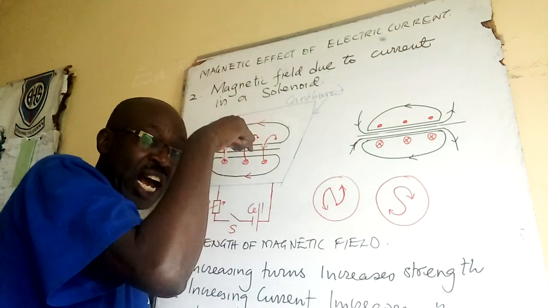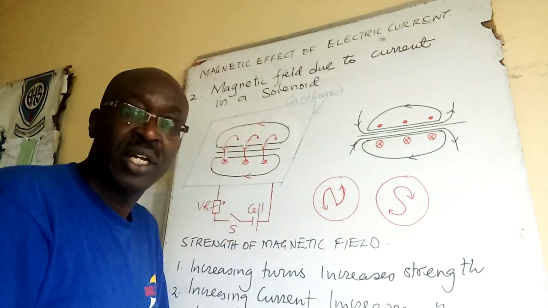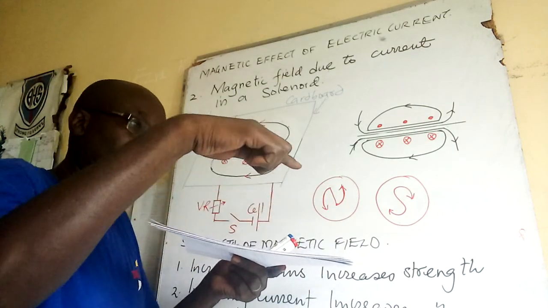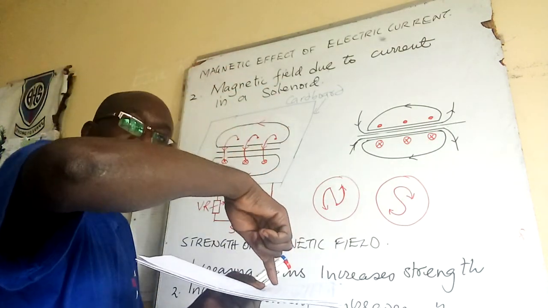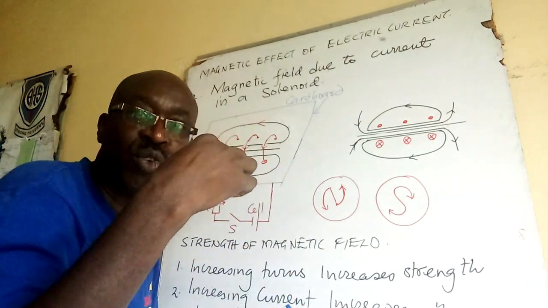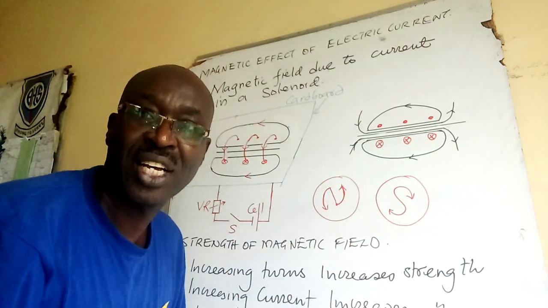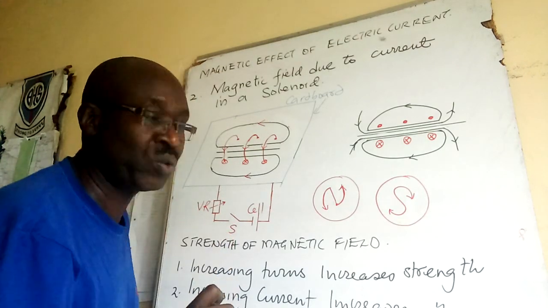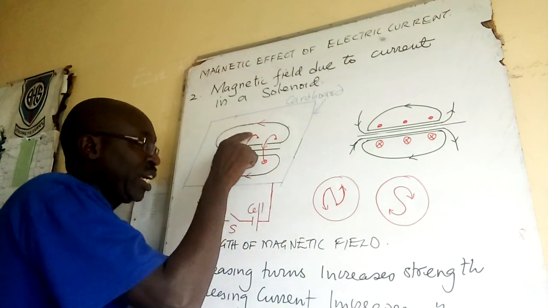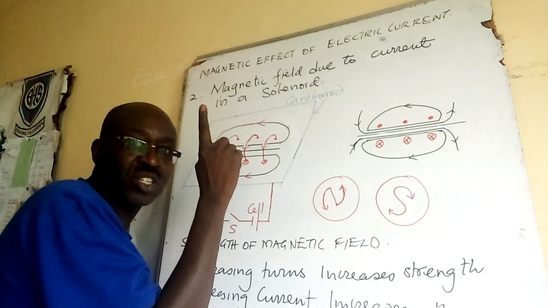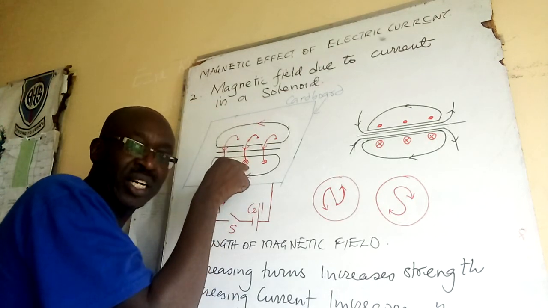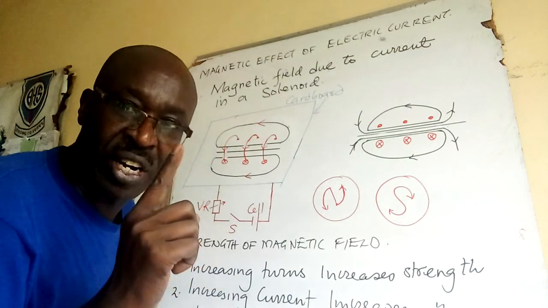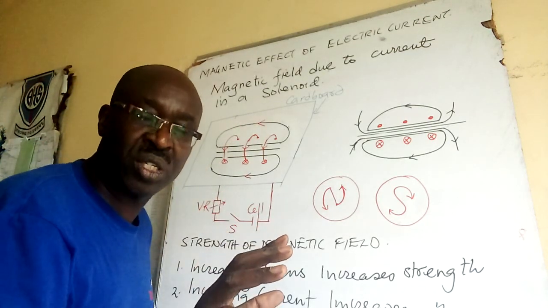Going inside, away from you, it is an X, the tail of an arrow. Again, it has come up, a dot. It has gone in, the tail of an arrow, X. It is very important for you to know those symbols.